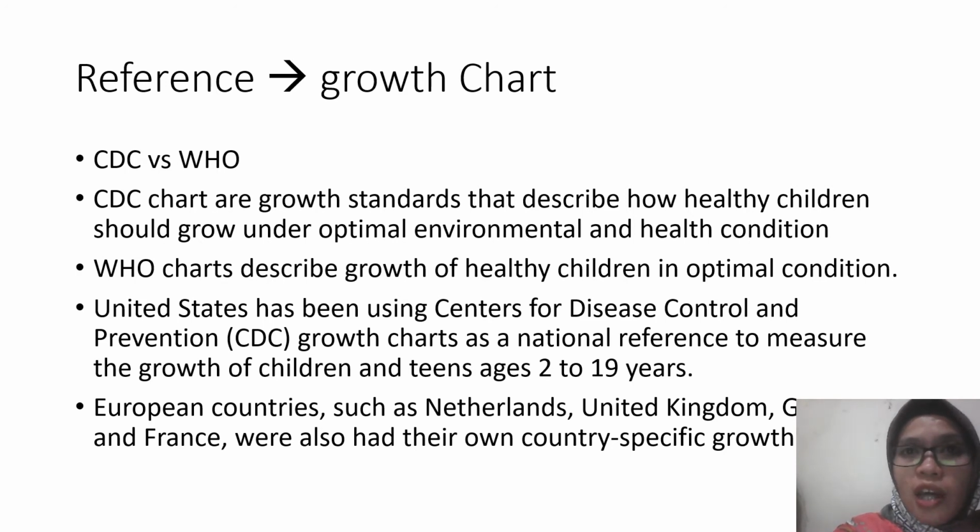The United States uses the CDC growth chart as a national reference to measure the growth of children and teens aged 2 until 19 years. European countries such as the Netherlands, United Kingdom, Germany, and France also have their own country-specific growth charts, and Indonesia uses the WHO standard growth chart 2005.